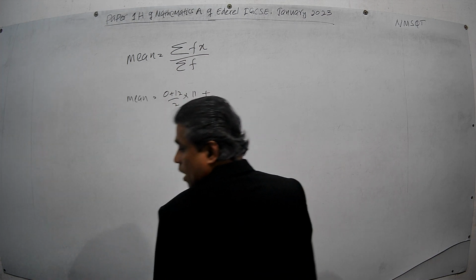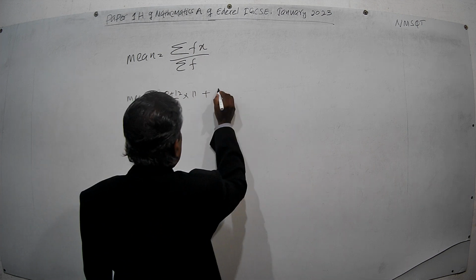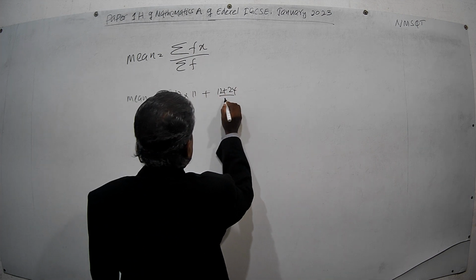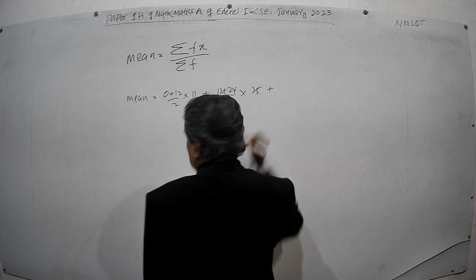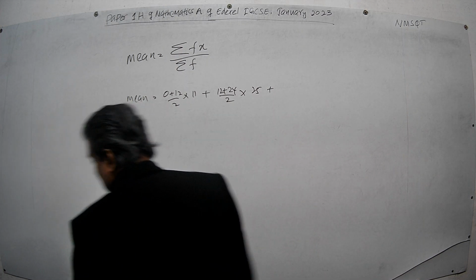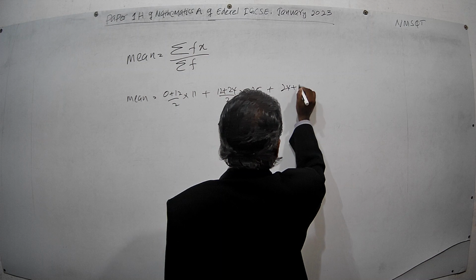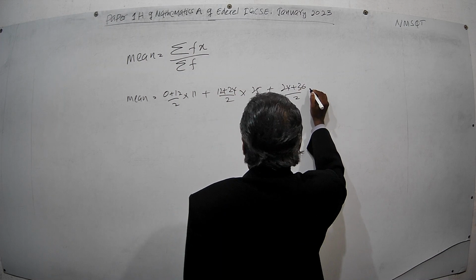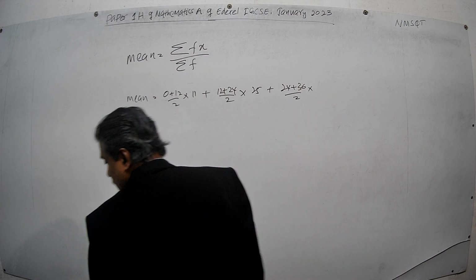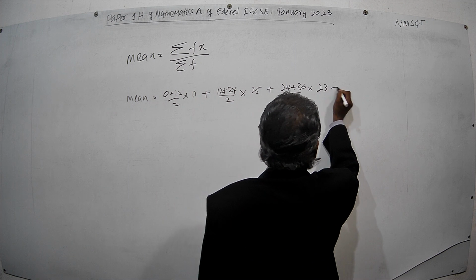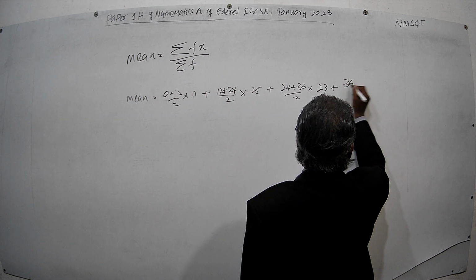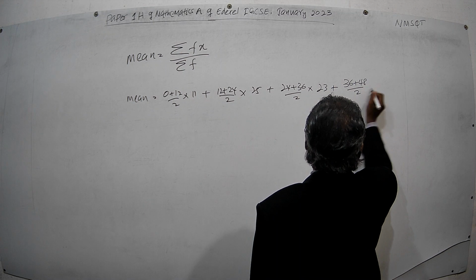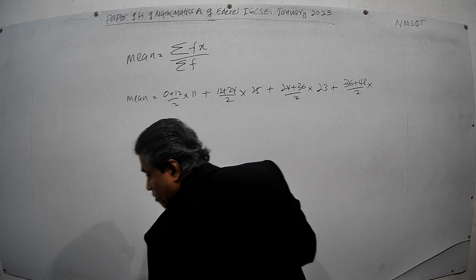Then the second one, 12 plus 24 over 2, the mid value of the second class interval, into its frequency 25. Then plus 24 plus 36 divided by 2, into its frequency 23. Then plus 36 plus 48 over 2, into 15.